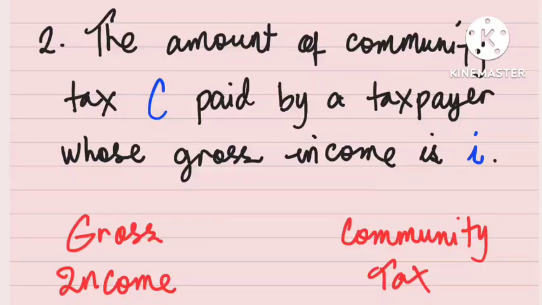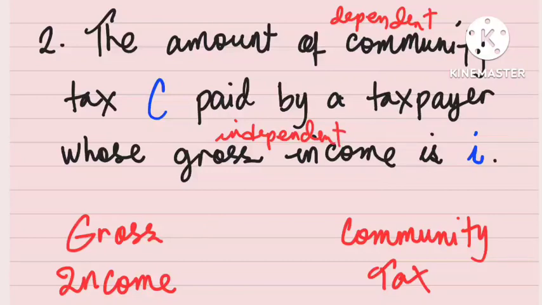Now, what variable depends on the other? Of course, it is the community tax. Our community tax is our dependent variable, while gross income is the independent one.